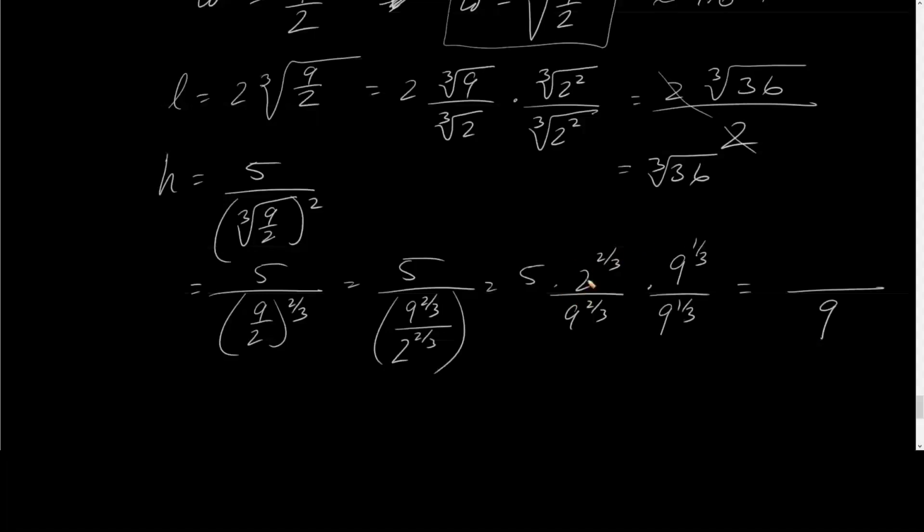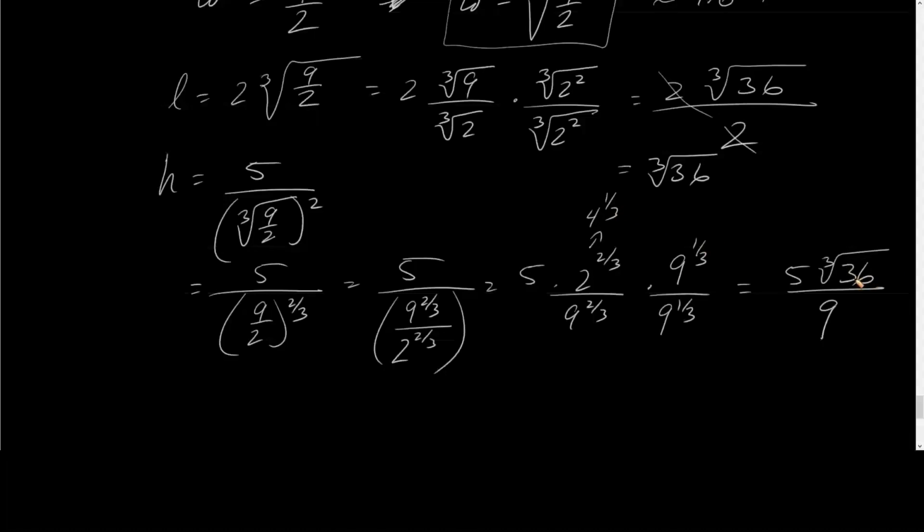On the top, 2 to the 2/3, that's the same thing as saying 4 to the 1/3. How come? Because this is really saying 2 squared to the 1/3, giving me now that I can rewrite the numerator as 5 times the cube root of 36, because 4 times 9 is 36, and both of them are to the 1/3.